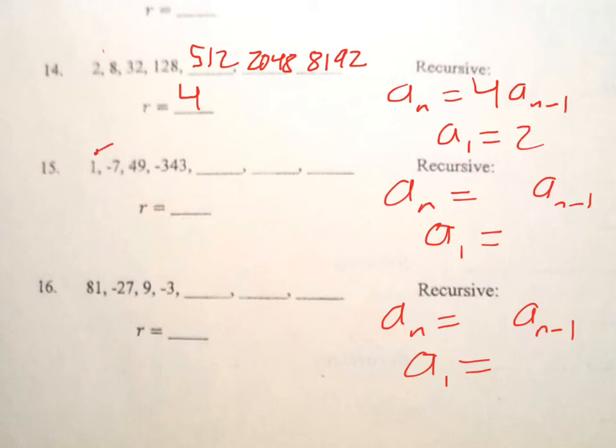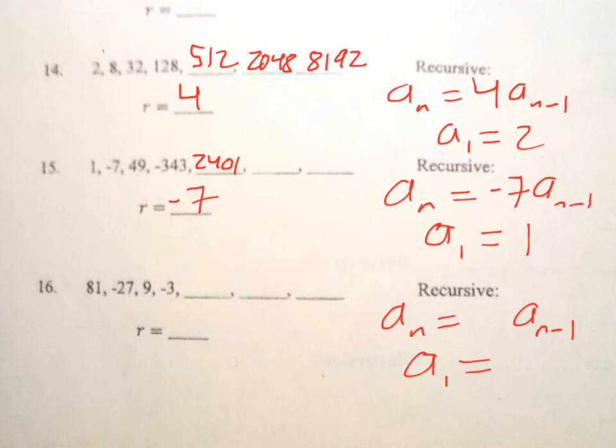And then on 15, we're getting a distinct pattern here of multiplying by -7, so my common ratio is going to be -7, which will go in front of my function here. And my a sub 1, my starting value, is going to be 1. Now we just have to get the rest of these terms here. -343, when you multiply that by -7, you'll get positive 2,401.